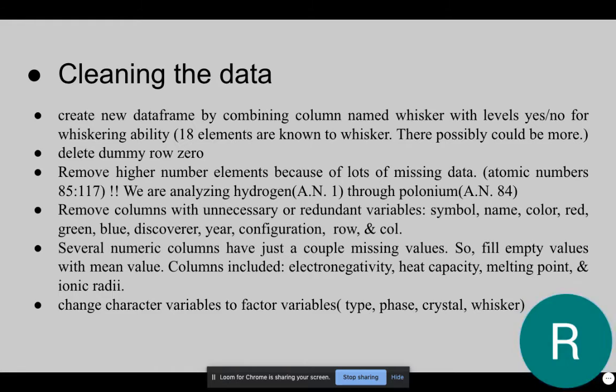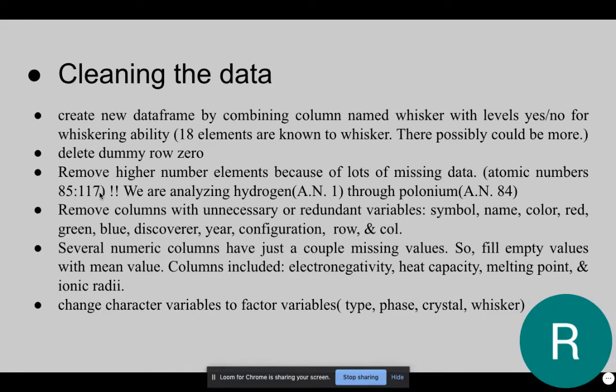I removed higher number elements because of lots of missing data, atomic numbers 85 through 117. So we're going to be only analyzing hydrogen, atomic number 1, through polonium, atomic number 84.